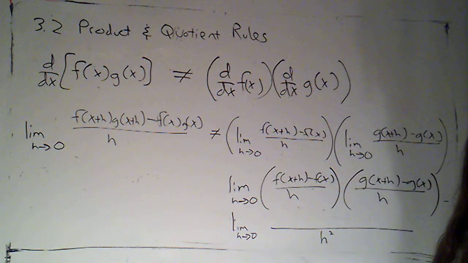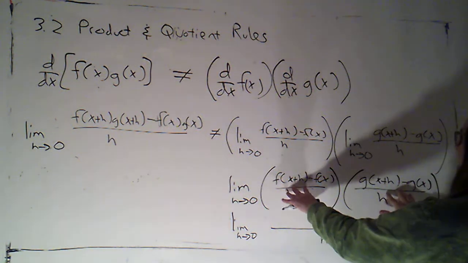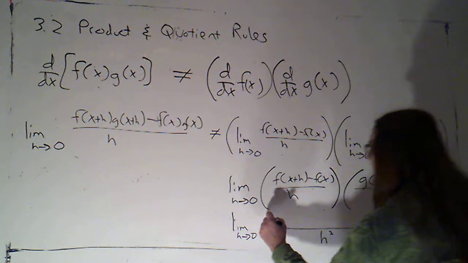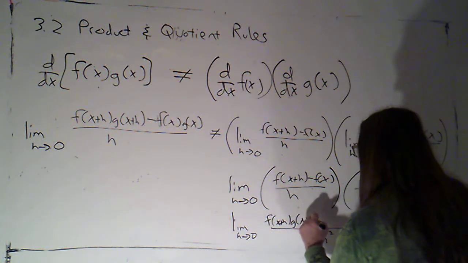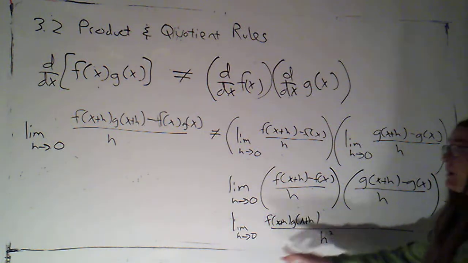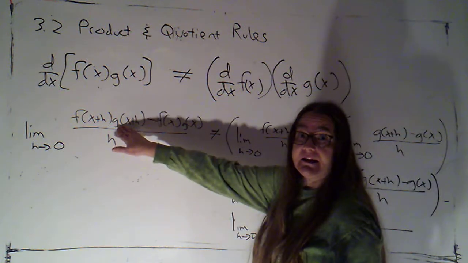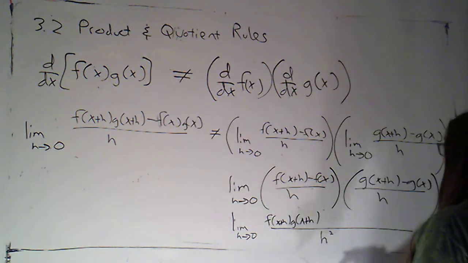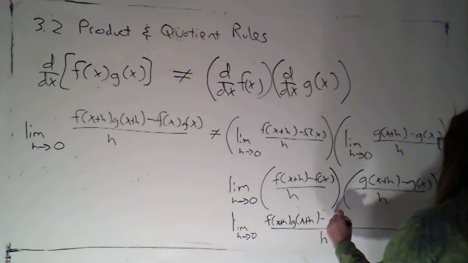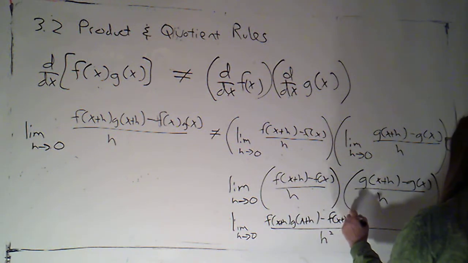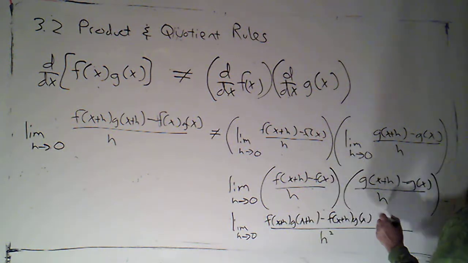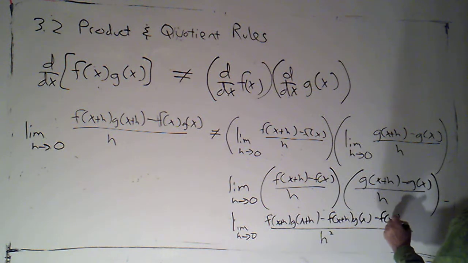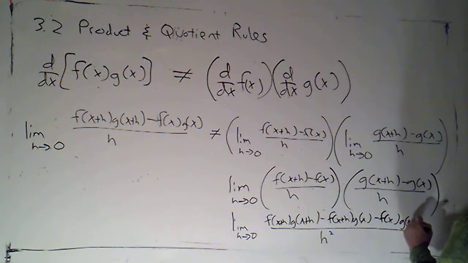I'm going to get a different thing on top as well, because I would have to FOIL this out. So my first terms would give me f of x plus h times g of x plus h. It's starting out looking like I have the right thing on top. But now I get minus f of x plus h times g of x, and then minus f of x times g of x plus h.